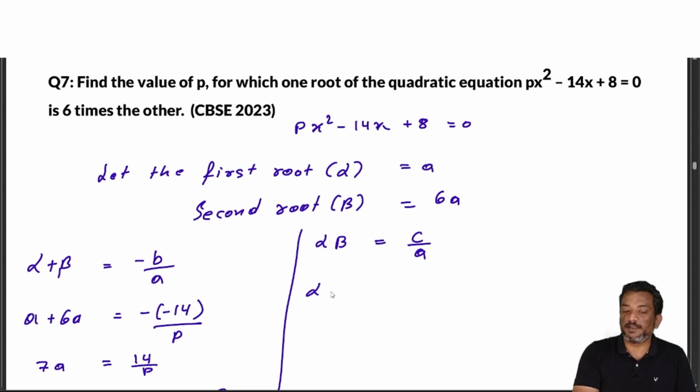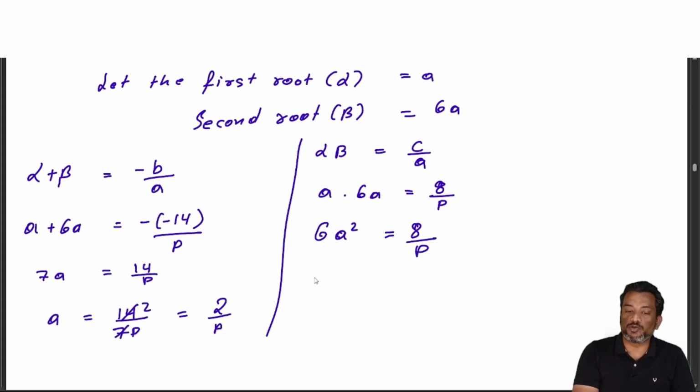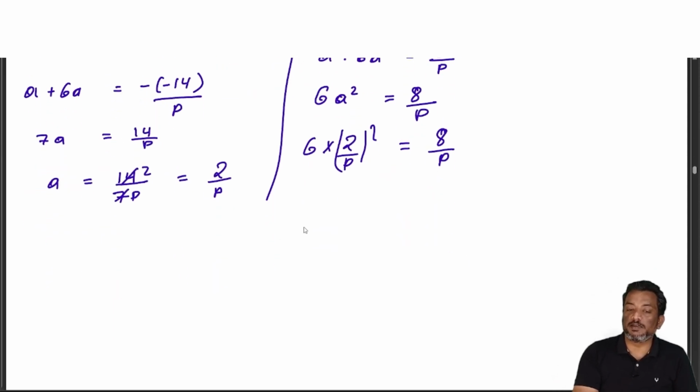Alpha you have a, and beta you have 6a, and the constant term is 8 and the coefficient is p. So a times 6a, 6a square is equal to 8 over p. Now you already know the a value, so substitute it: 6 times (2 over p) whole square is equal to 8 over p.